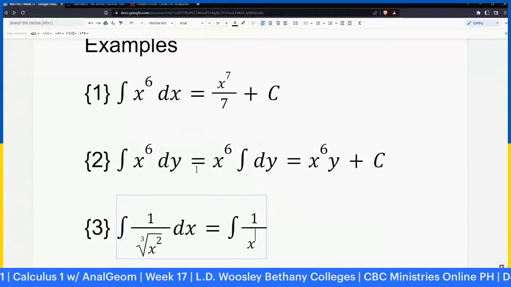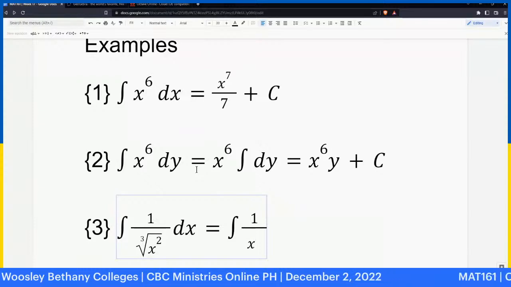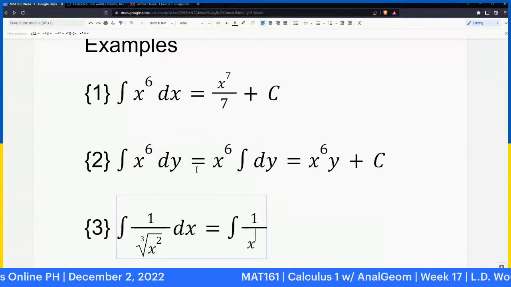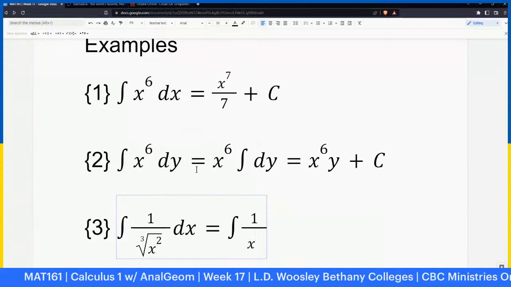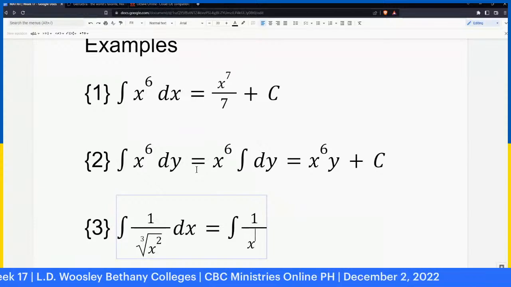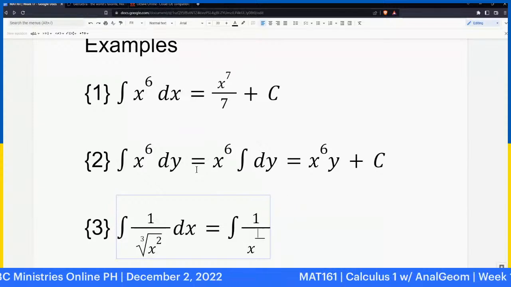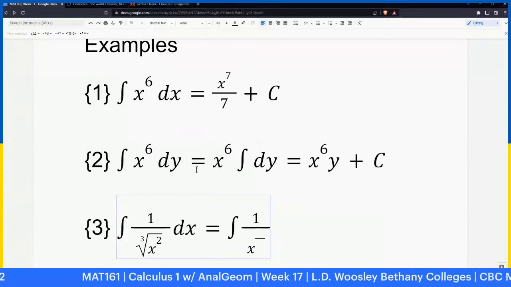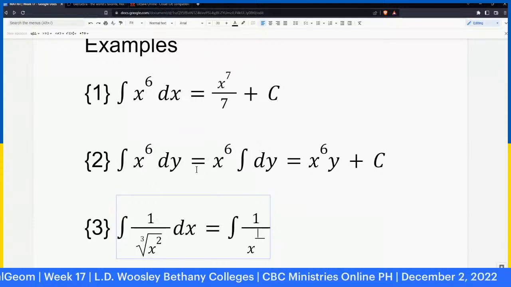tanggalin ko na yung radical na cube root of x squared. Anong pag in-express ko siya in term, come again? 3 po, sir. Nasa napunta yung 3? May squared ka, x squared, cube root of x squared. So fractional yan. So that becomes 2. Kasi kung cube root of x lang, 1/3, di ba?